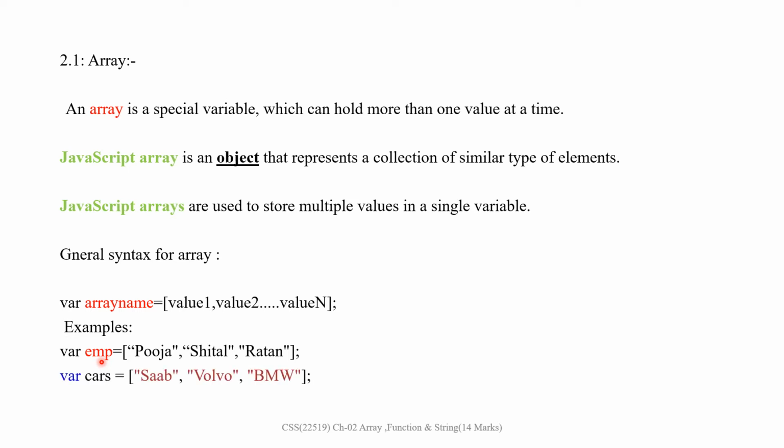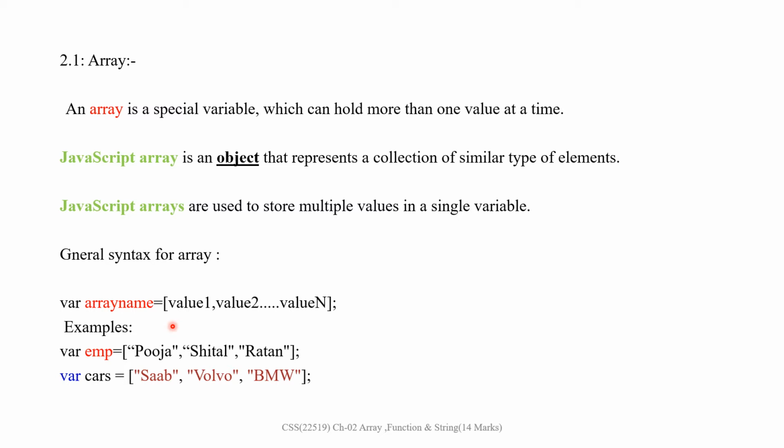Now the second example is var cars. Cars, these are the company names of the cars. That is Saab, Volvo, BMW. Means from the example we can say that it holds more than one value at a time, and also the collection of the similar type of element.